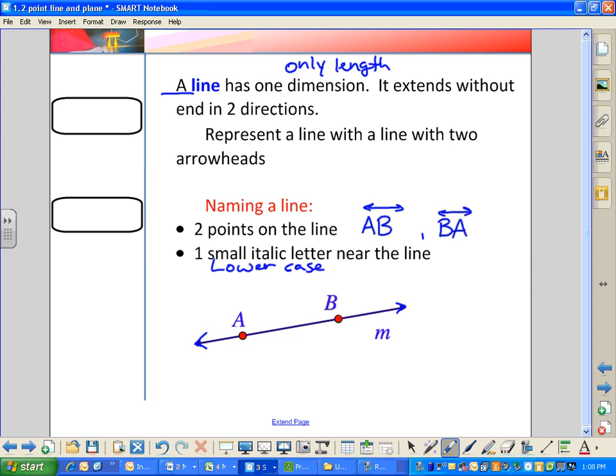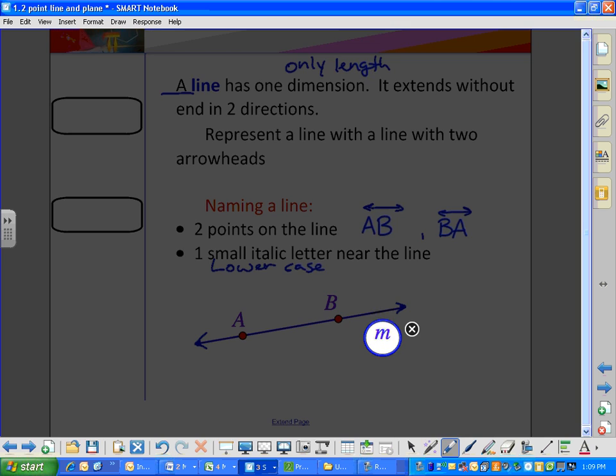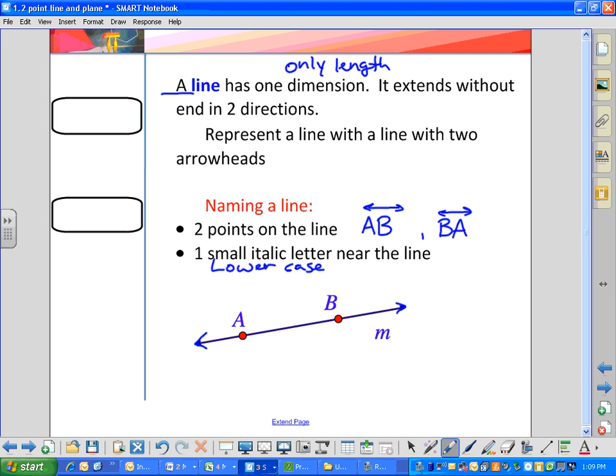So when we talk about points, we use capital letters for our points, but we use lowercase letters to name lines. And that's an important difference because when I see that letter, I know, oh, that's talking about this line, not another point that may be near it. Okay, so we use a small italic letter, so we could call this line M.